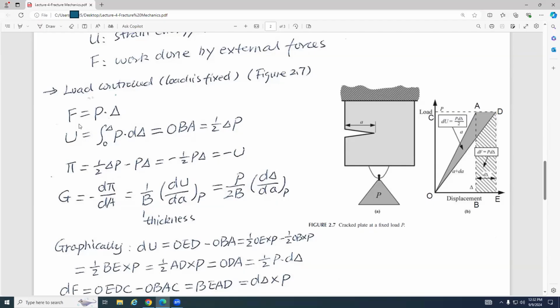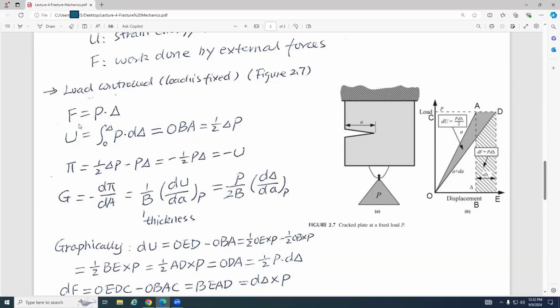The force remains constant. The force multiplied by this displacement equals the work. Right, guys? Force multiplied by the displacement in the force direction equals the work done. Right? So F equals P multiplied by delta.